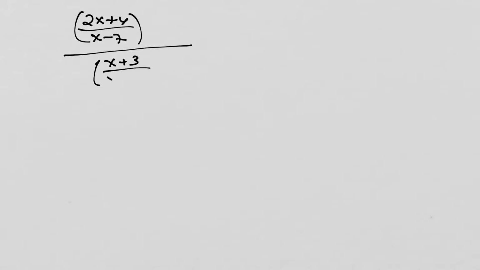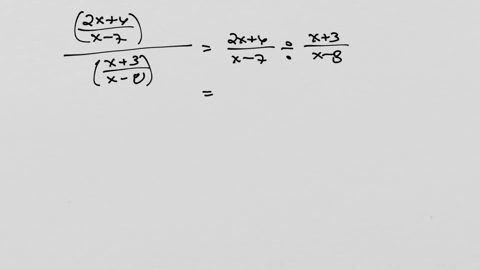What if we have this in a fraction form in terms of a compound fraction? Right? So if I had 2x plus 6 over x minus 7, right, over, let's see, how about x plus 3 over x minus 8? Okay. Well, again, what we can do is write this out as the numerator divided by my denominator. And in this case, if I just flip it and multiply, it's going to look like this.